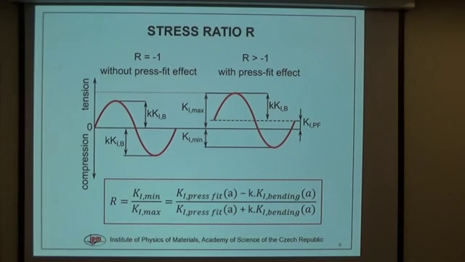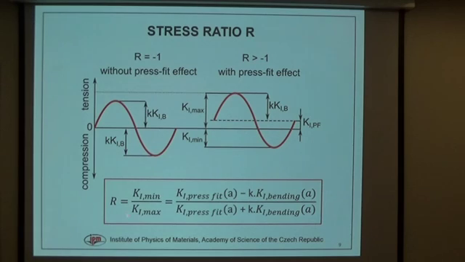We have non-zero mean stress due to the influence of the press-fitted wheel, so we have slightly higher mean stress, and also when we have variable amplitude loading, then we have variable stress ratio, due to the fact that we have non-zero mean stress and variable amplitude loading.